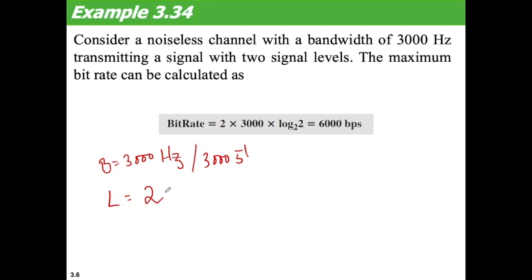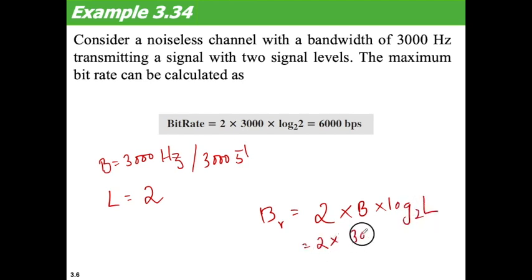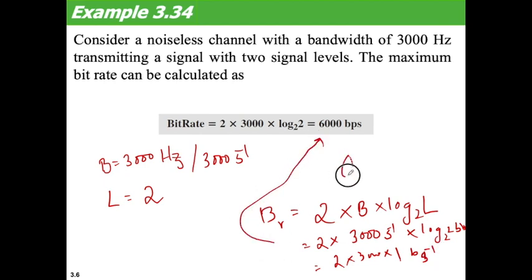Now if we want to calculate the maximum bit rate, which is BR, that will be 2 into B into log 2 base L, which is 2 into 3000 per second into log 2 base 2 bits, which will mean 2 into 3000 into 1 bits per second. So the answer will be 2 into 3000, 6000 bits per second.